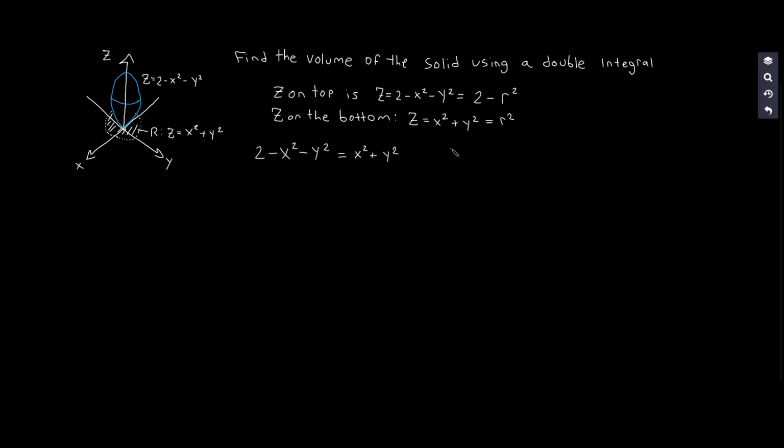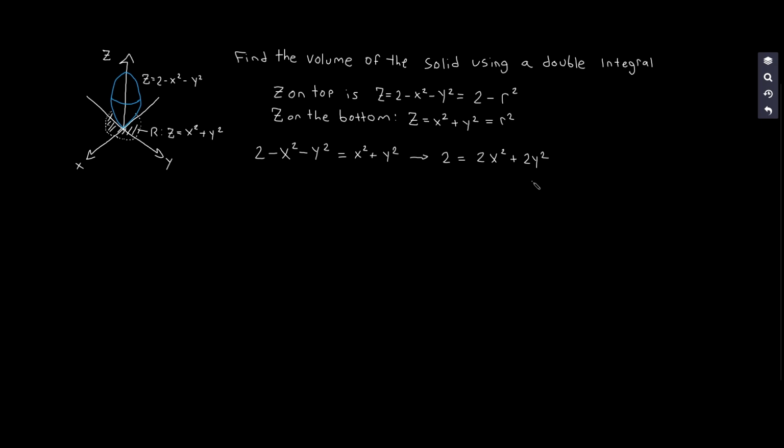Then I'm going to add x squared and y squared to both sides, and I'm going to have 2 equals 2x squared plus 2y squared.